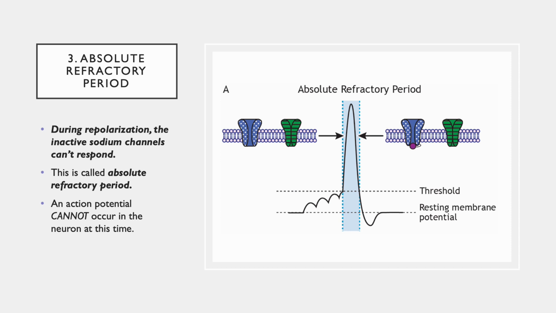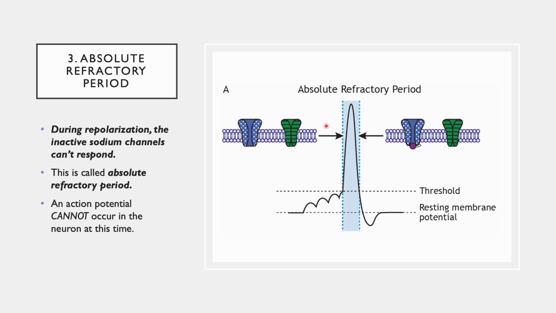So after these sodium ion channel gates close, there's something that's known as the absolute refractory period. During this time, another action potential cannot occur in the neuron because all of the sodium ions have already entered the cell and it's currently too positive for another action potential to occur. This is usually at about positive 30 millivolts.